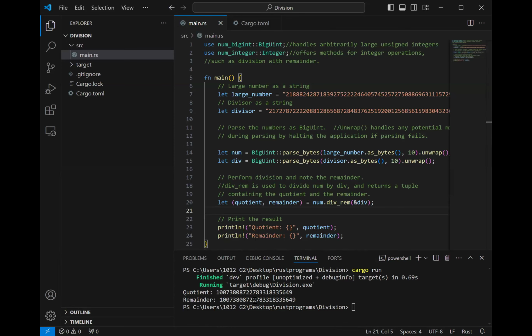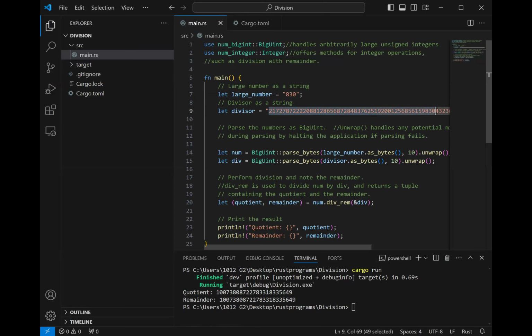Now, in this case, there was a remainder. If there's no remainder, let me just change the number. Let me use maybe a smaller number this time. I can use one that we know there is no remainder, like 830, for instance. Let's divide this by 5 and see what it gives us.